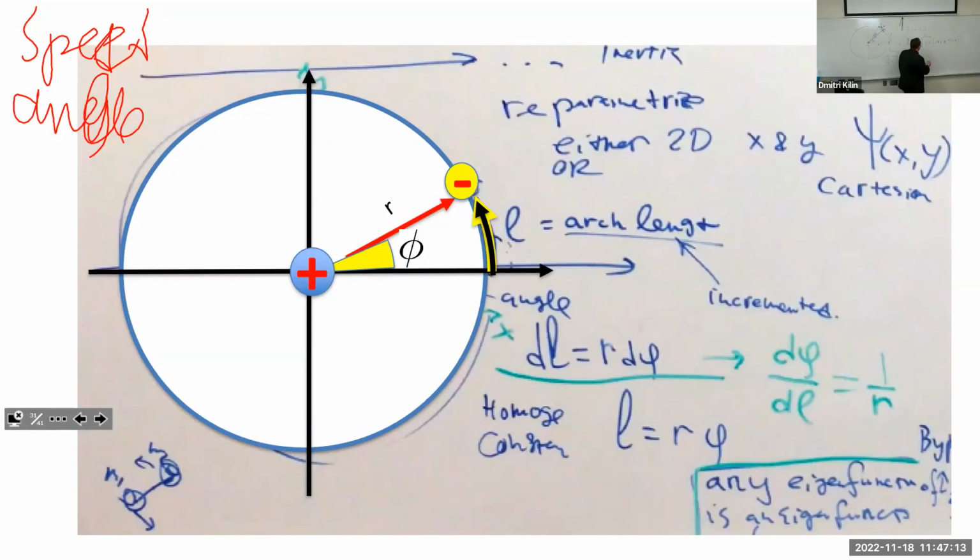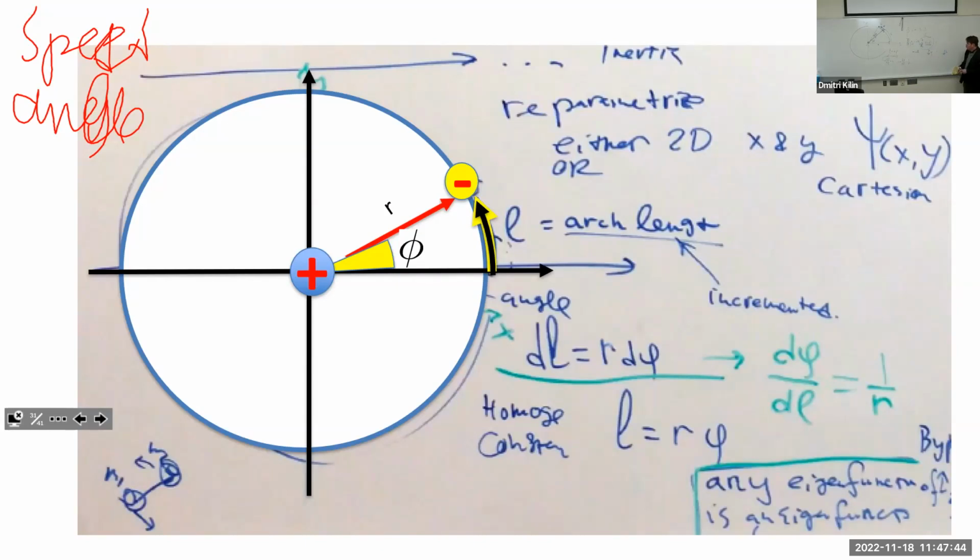If the function depends on distance and angle, we need dr of phi plus d phi of psi.